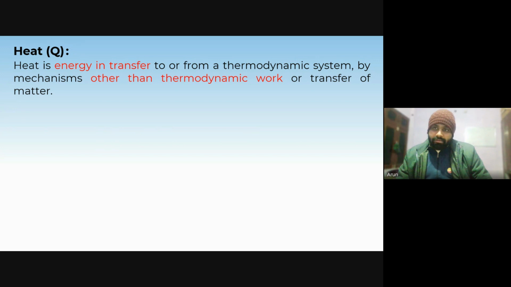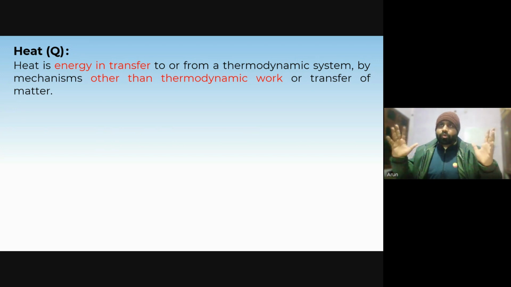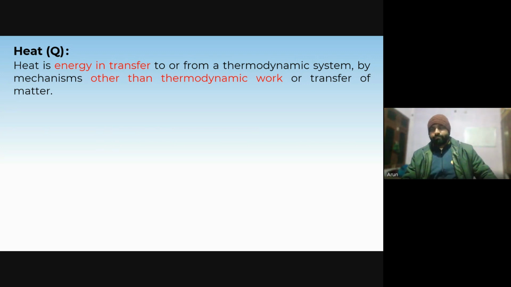But you have never heard that we have stored that much amount of heat. Never. No, you can't store heat. Heat is the energy which appears when it is in transit.